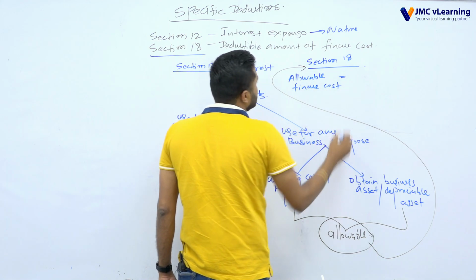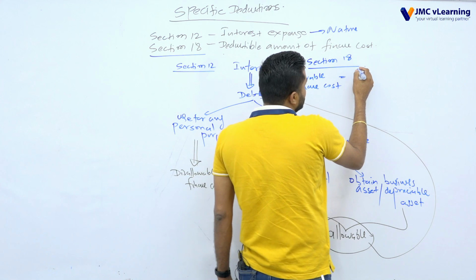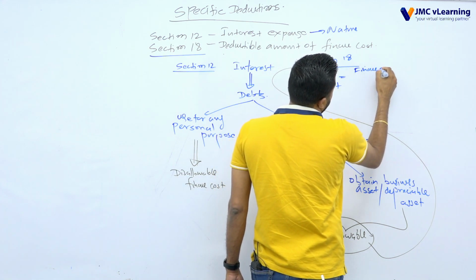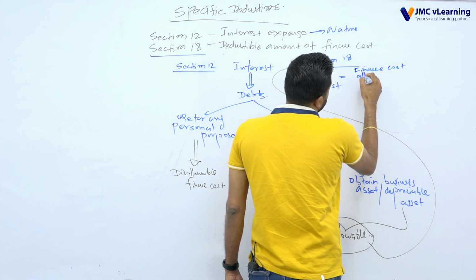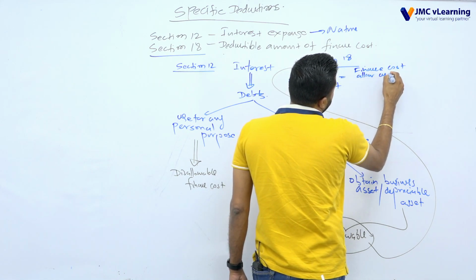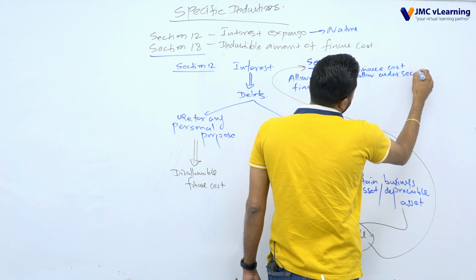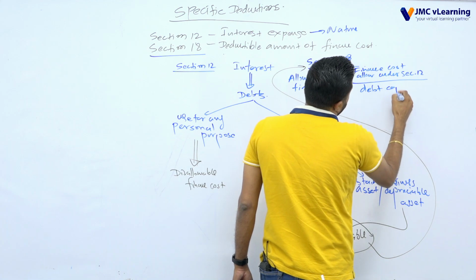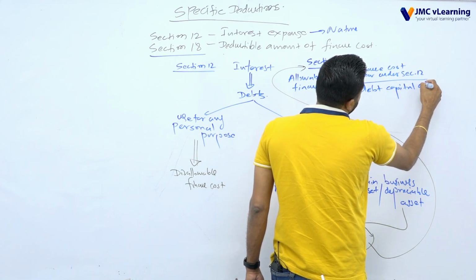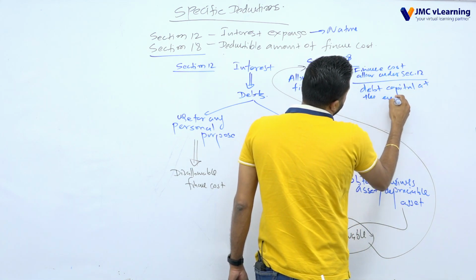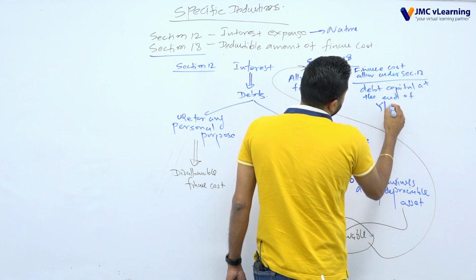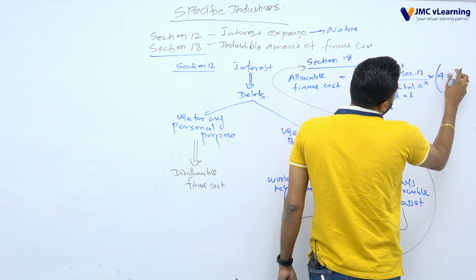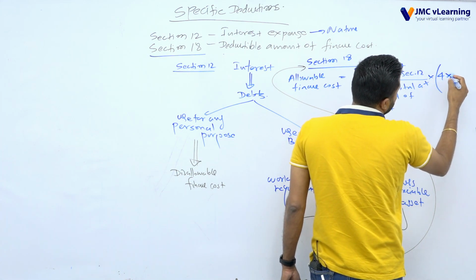To find it, you take the finance cost allowed under section 12, divided by the debt capital at the end of the year of assessment, into 4 into equity.